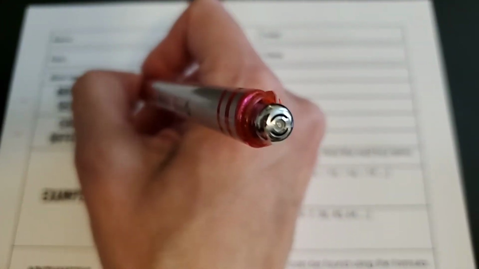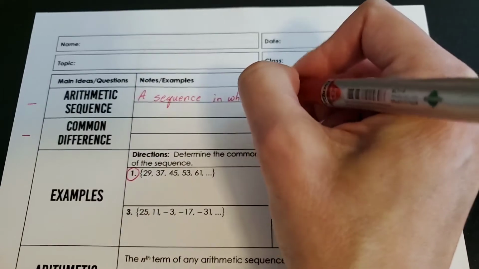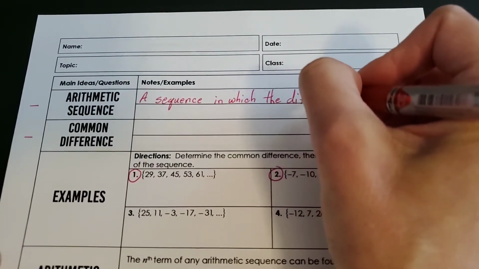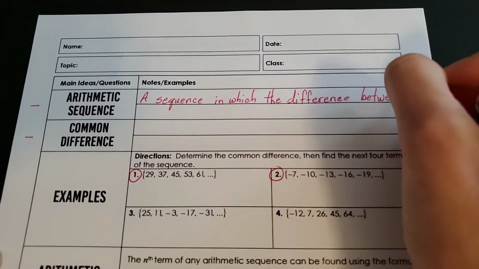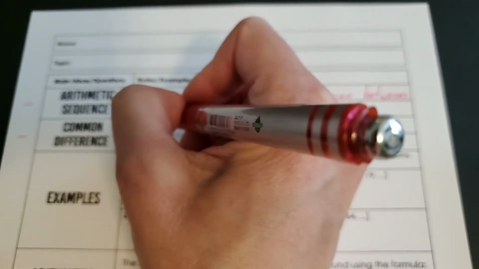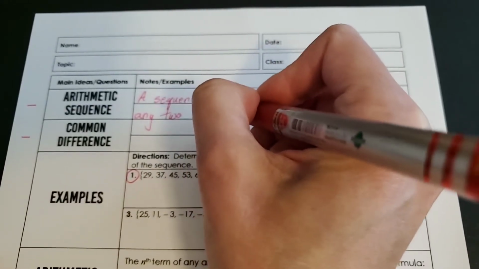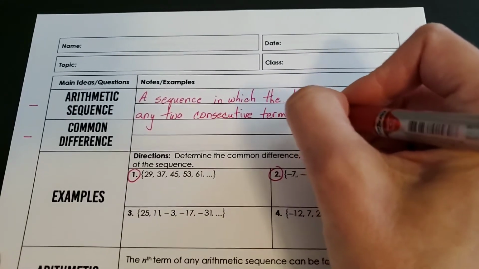An arithmetic sequence is a sequence in which the difference between any two consecutive terms is constant.